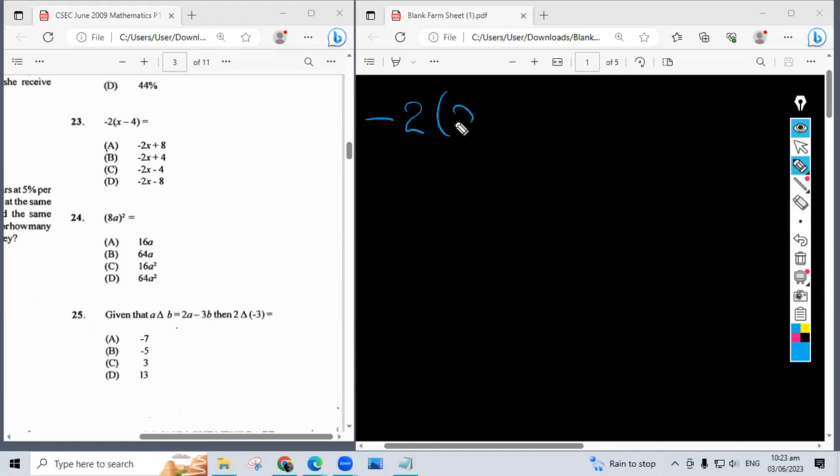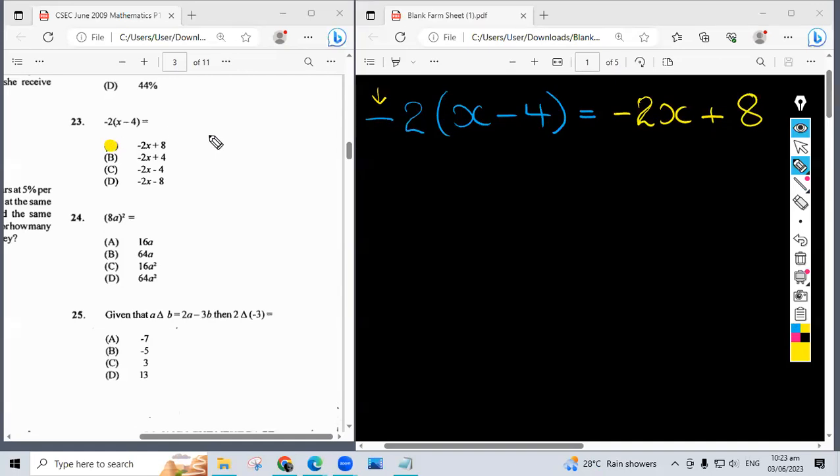We just want to expand the brackets. Everything inside the brackets gets multiplied by -2. -2 by x is -2x. And -2 multiplied by -4: two minus signs end up touching there, so you get +8. So the answer would have been E.